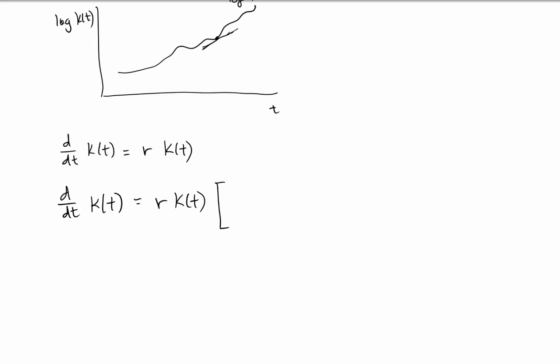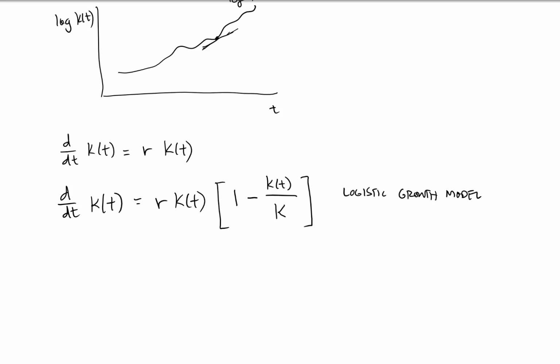And what we're going to multiply it by is 1 minus k of t divided by a special number. That's going to be big K, and I'm not going to put any subscript on it. I'm going to multiply this, and this thing is called the logistic growth model.